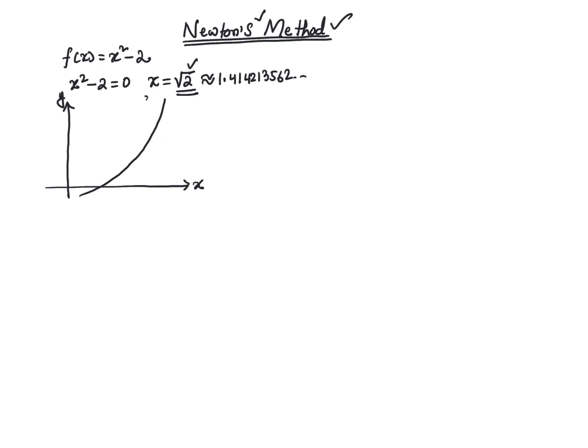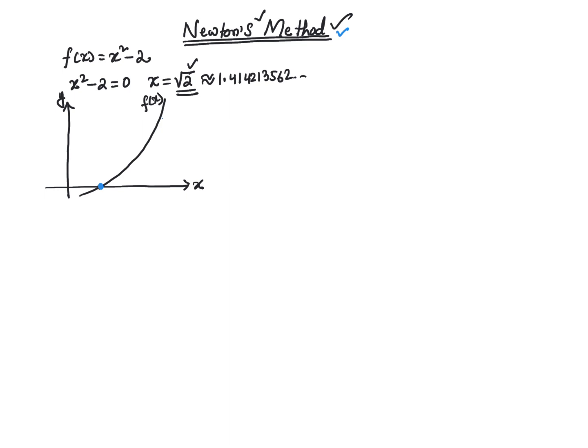Okay, this is my f of x. And this is the point I'm interested in, this point. What is the x value for this function that will give you f of x is equal to 0? That means I am trying to find the root of this function. The way we do it is by applying Newton's method.